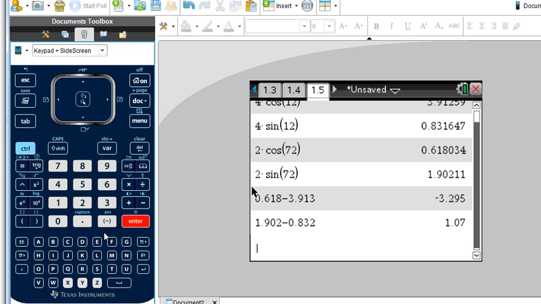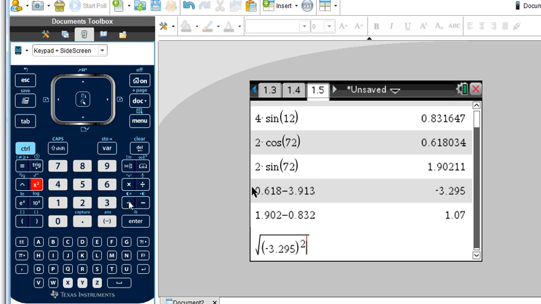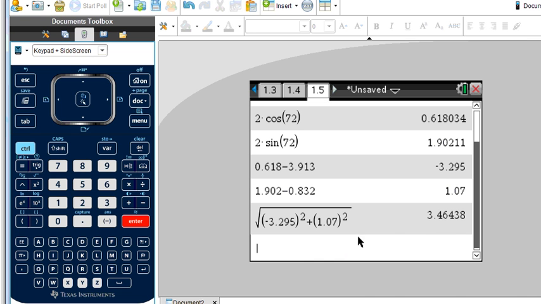Okay, and now taking the square root, we have the quantity negative 3.295, that's x2 minus x1, squared, plus this 1.07, I'm going to use Control A and S for last number calculated, squared, and we get this number here. So we get about 3.46 miles, or 3.464 miles.